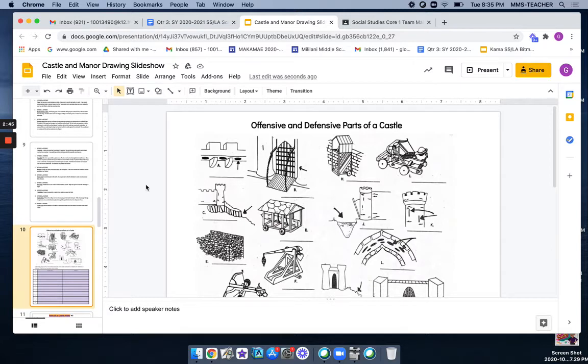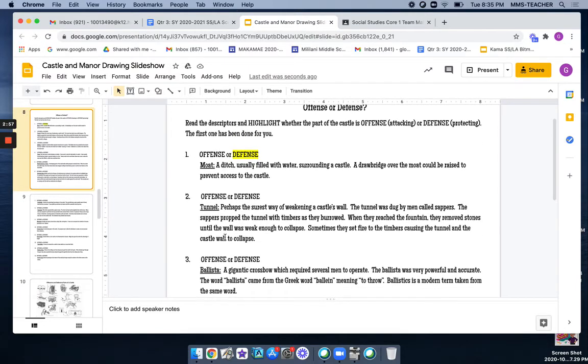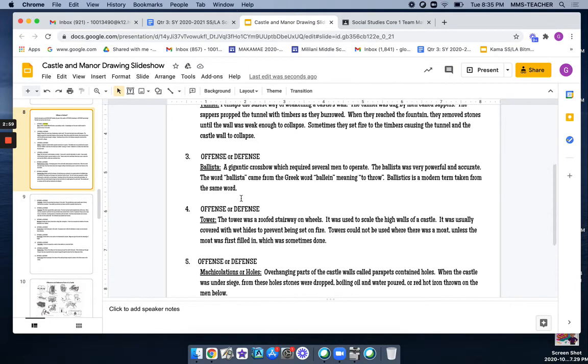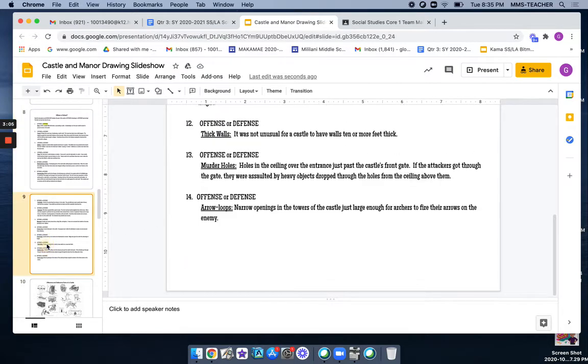I know it's not a moat, it's not a tunnel, it's not a tower, it's not a ballista. So when I go through it, I'm going to say, hey, this description looks pretty accurate.